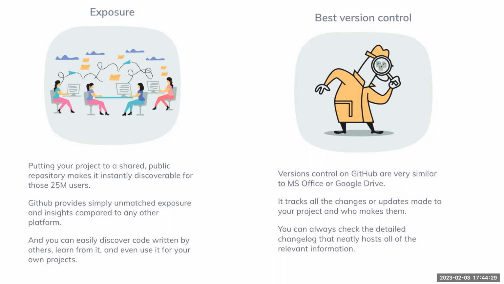If it is for a team, MS Office and Google Drive also capture who edited it, from the starting of the document upload, and keep track of all the changes done on the document.